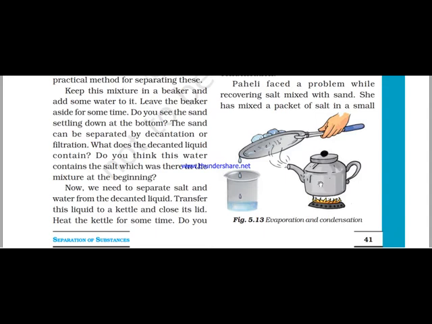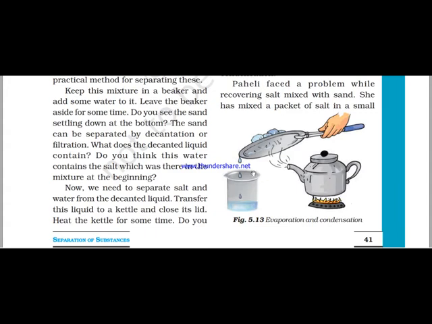Now when we heat this water, water starts changing into vapors, and when we condense these vapors, they are again converted back into the liquid. Okay, so यहाँ पे हमारा salt separate हो जाएगा and जो water है हमें वो भी मिल जाएगा.